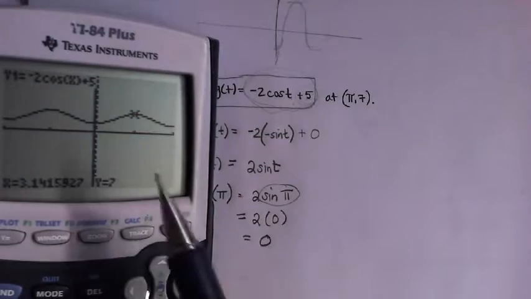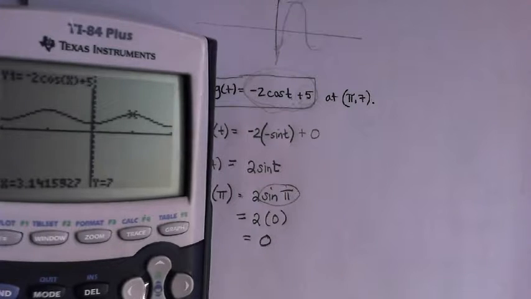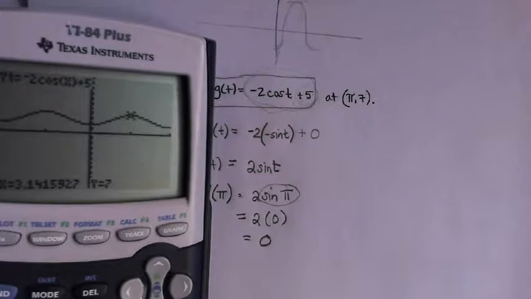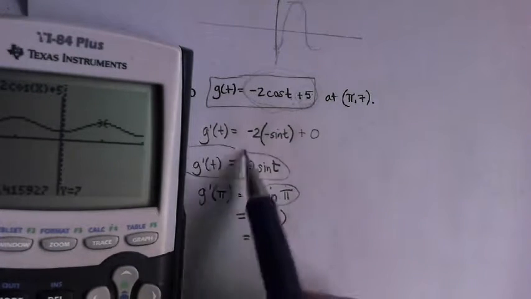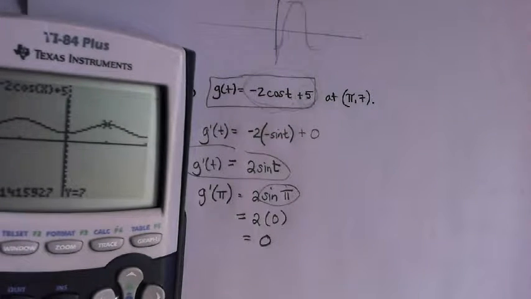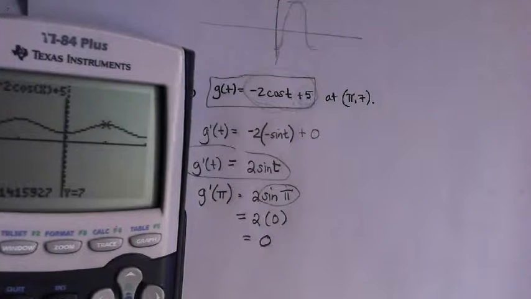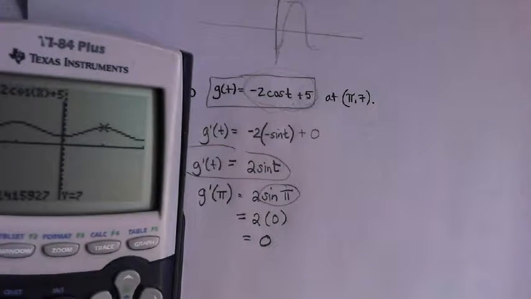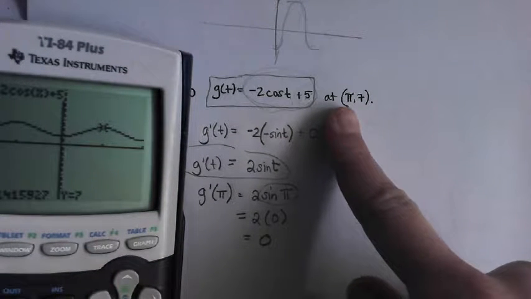So we found that our slope at pi, that happens to be at a maximum, which is why we got a slope of 0. Because your derivative formula uses only your x coordinate to determine where I'm looking for the slope, you only use the x coordinate of the point. Does that make sense? Okay.